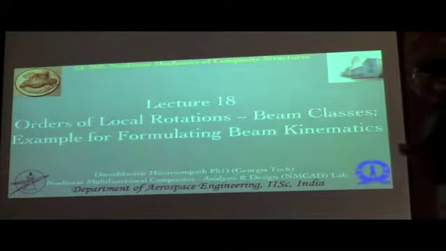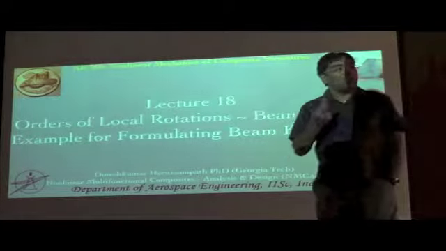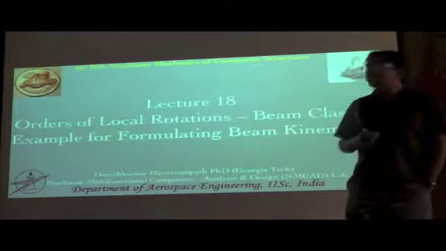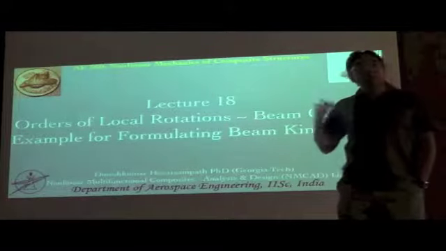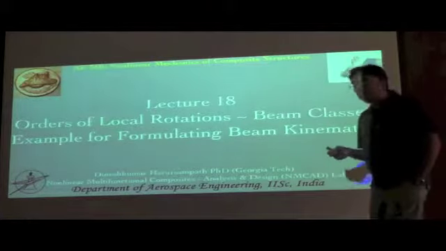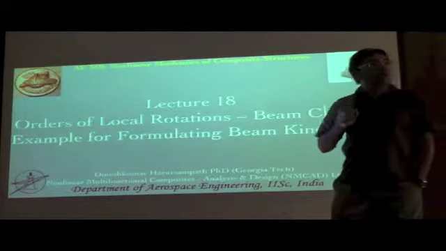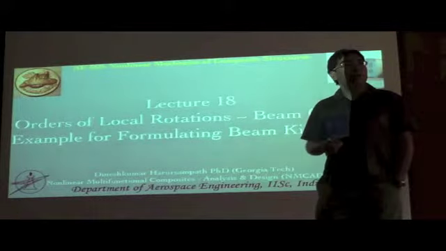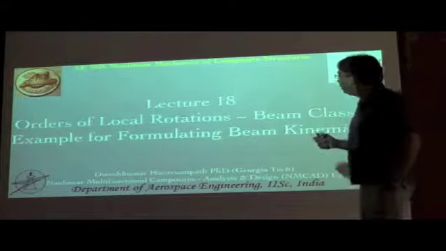In today's class, what we will do is we'll take up local rotations. We introduced these concepts over the course, but in the previous class we mentioned a few more aspects about local rotations. We'll take that a little further and discuss the orders of magnitude of local rotations in various classes of beams that we already classified beams generally into.